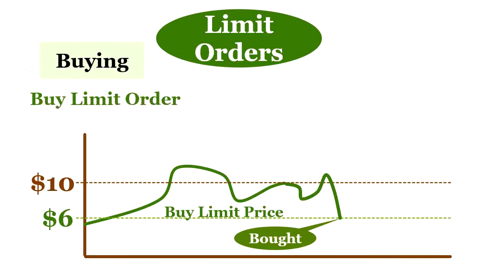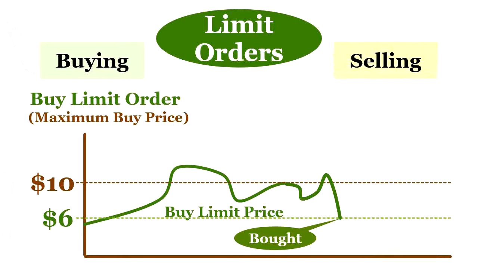You set your limit price, how much you're willing to pay for the stock when buying, the maximum price you're willing to buy the stock for. On the other hand, if you own the stock and want to sell the stock but you have a limit to how much you would accept for the stock, then you will set a limit price, the minimum price which you will accept when selling the stock. So for example, say the current price of the stock is $6, but you wouldn't accept anything less than $14 for the stock.